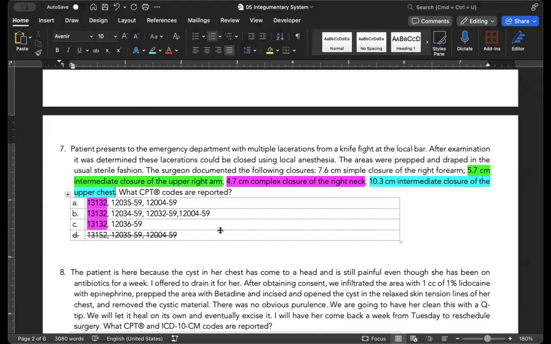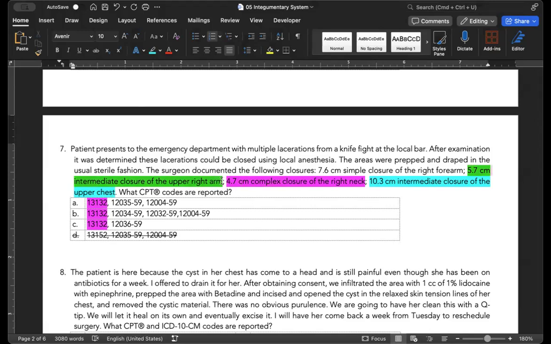Yep, Dawn, you got ahead of me, which is totally fine. But this is where you have to know your guidelines. If you read our anatomic locations, we have scalp, axilla, trunk, and extremities. Your upper chest is your trunk, and then you've got your upper right arm, which is an extremity, right?